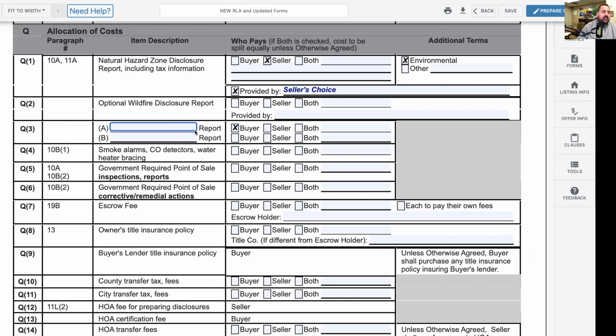The other thing that I see on here all the time is city pre-sale report, right? And they check off seller here. Again, it's not necessary. There's a section for it that we're going to get to right here that already exists. So when I see that, looking through the eyes of the listing agent, I'm thinking, again, this is somebody who doesn't know what they're doing.